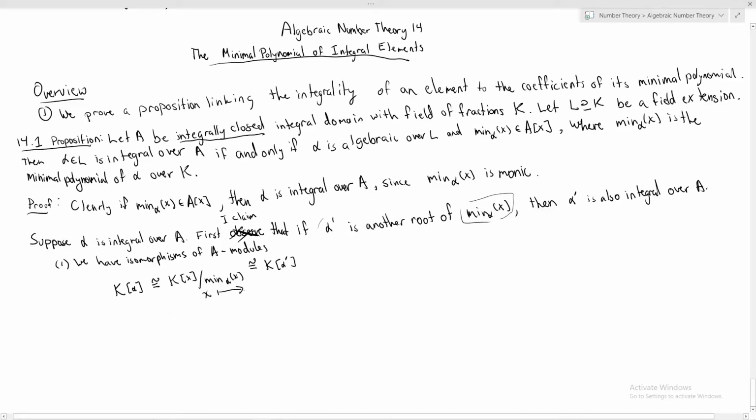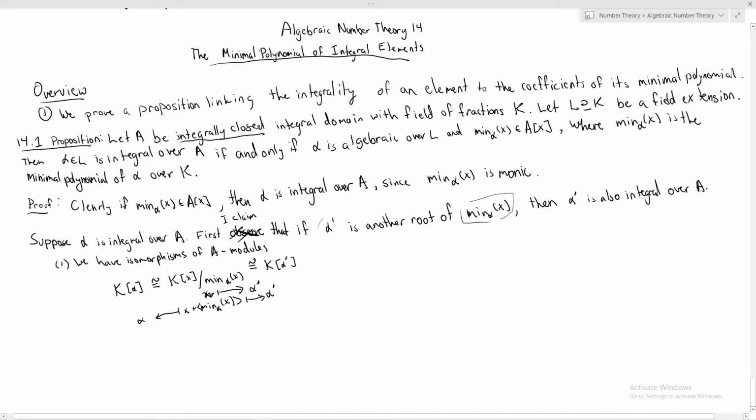If you want to go this way, you'd send x to alpha prime. Technically it'd be x plus min_alpha(x) maps to alpha prime, and you similarly send it here to alpha. And you can check these are isomorphisms.